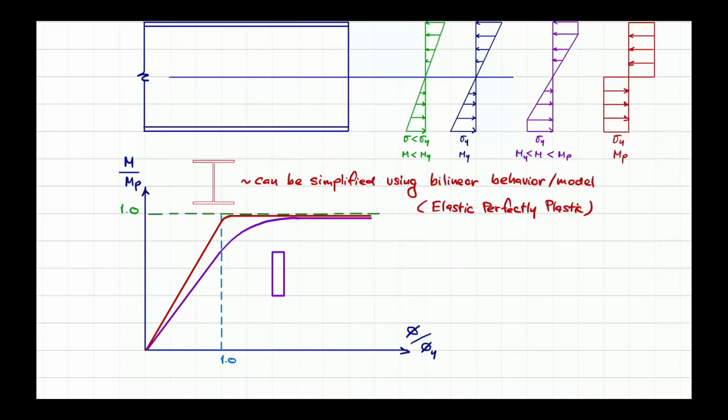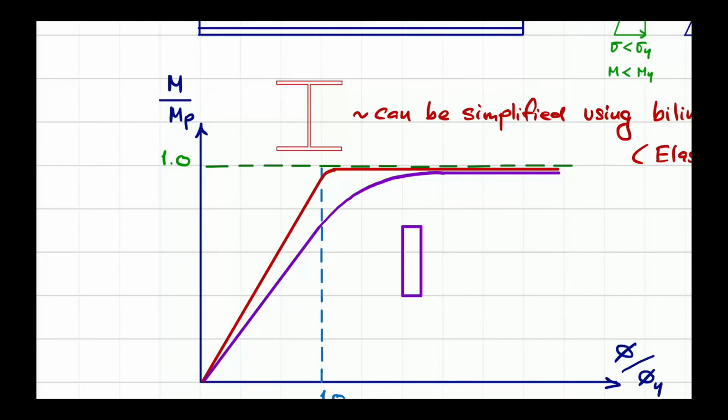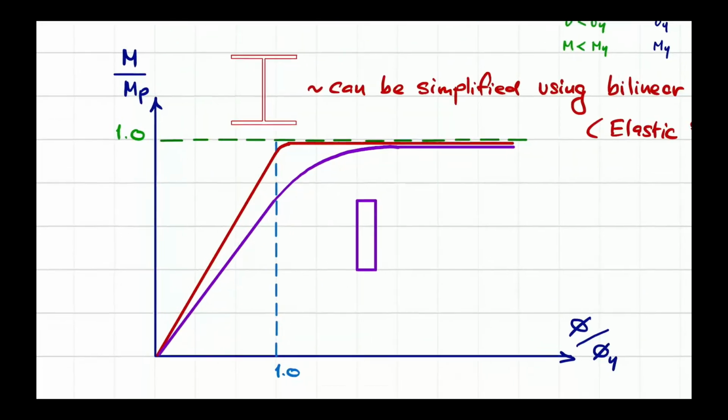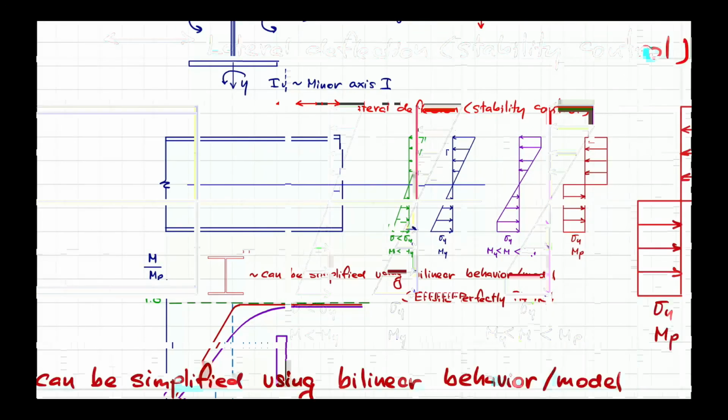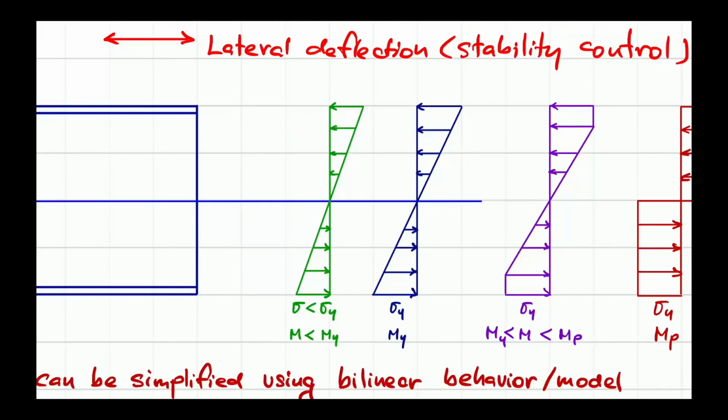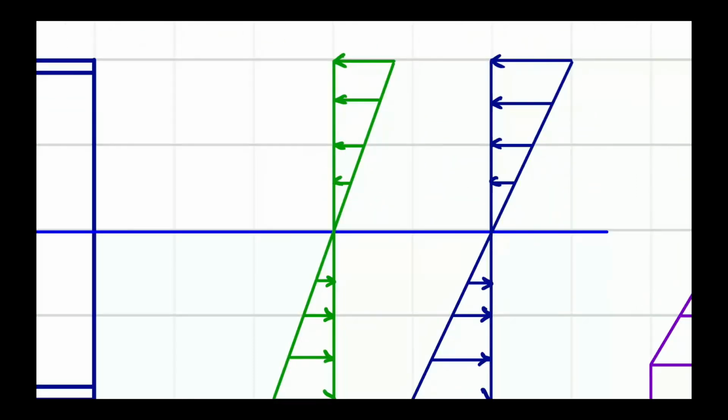Why are these two different? Once you hit the yielding, the first yield curvature, then we should define the curvature, right?